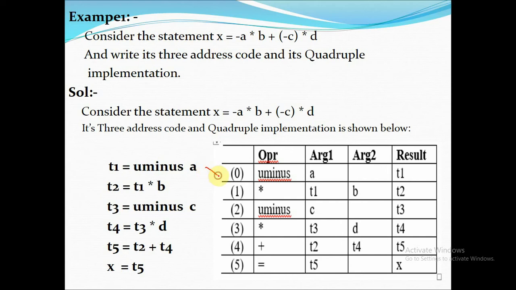So the first statement is T1 equal to unary minus A. In this statement the operator is unary minus, and A is the argument. Only one argument is there, so I place it in the argument 1 cell. The argument 2 is kept empty because unary minus is a unary operator. And the result is stored into the variable T1. So this statement forms the first row.